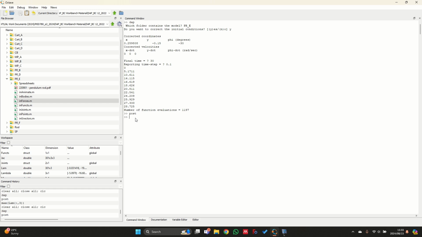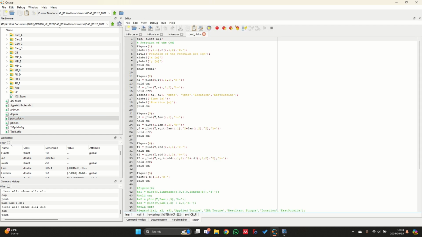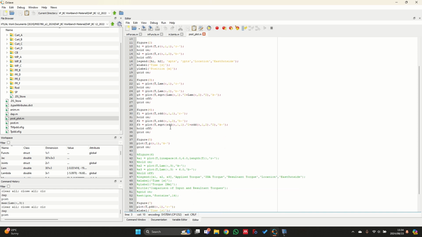And to perhaps illustrate this a bit better, we can rerun the post plotter. So if I go over here, we can see that I have figure 1, which is just the coordinates of the points. Figure 2 is then those coordinates with respect to time. And then I also have the Lagrange multipliers for the reaction forces at the revolute joint. Figure 4 will then be the accelerations with respect to time, so the linear accelerations in the X and Y direction.